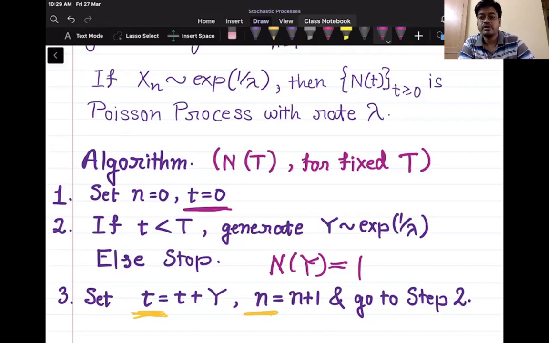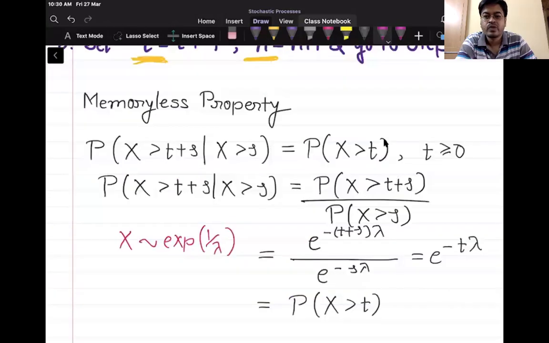Now we want to use this knowledge to understand our hazard rate function method. But before going to the hazard rate function method, let us recollect that if I have an exponential random variable with rate parameter lambda or mean 1 by lambda, then exponential distributions are very special distributions having the memoryless property.